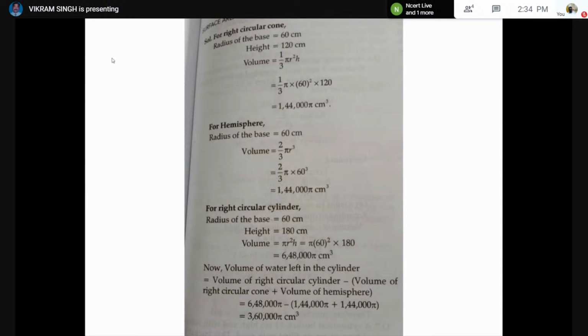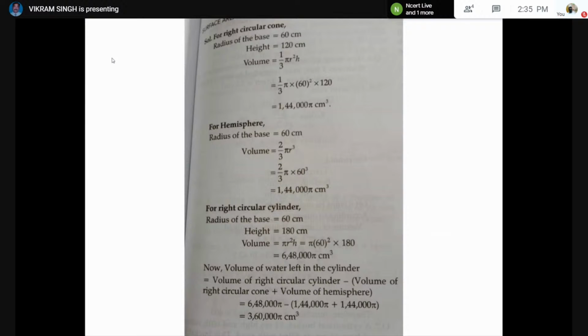For the right circular cylinder, the radius of the base is 60, height is 180, and the volume will be pi r square h, pi into 60 square into 180. So it is 648,000 pi centimeter cube. So we have calculated all 3 volumes, and we are going to use these volumes according to the requirement of the question.